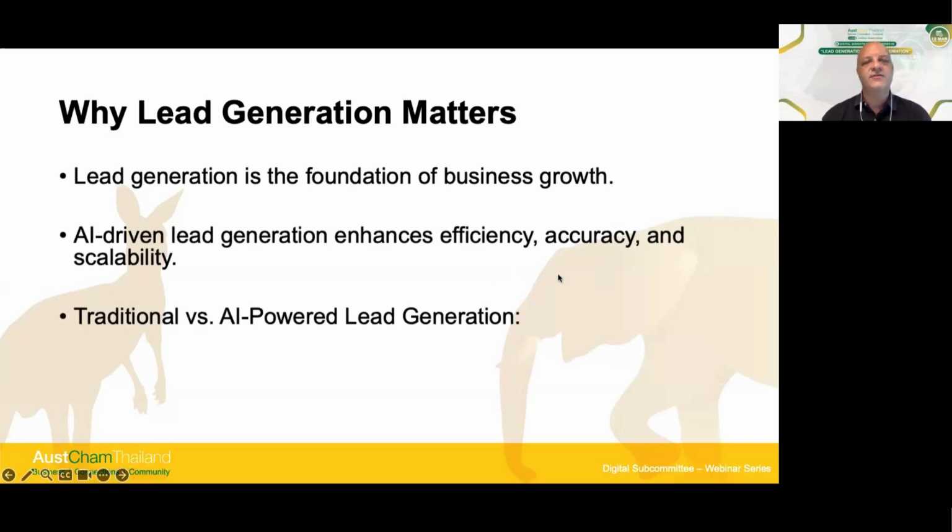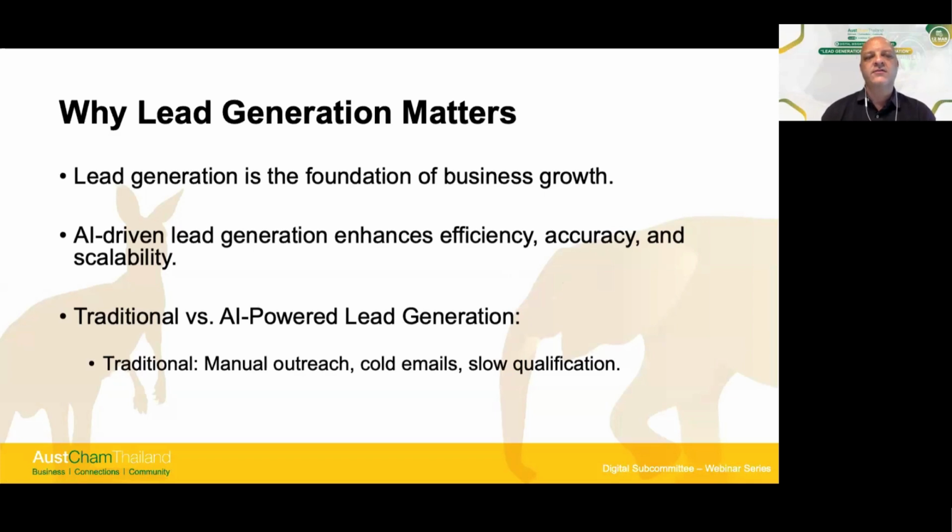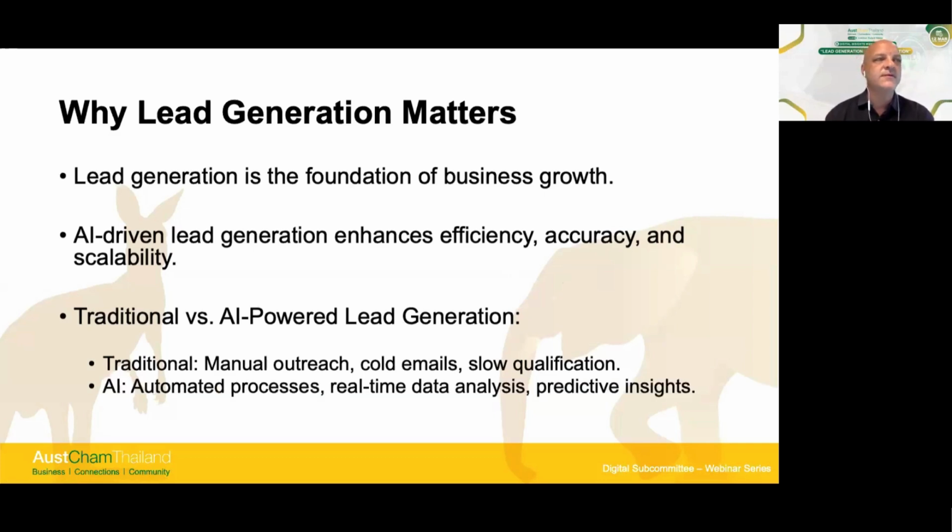If we look at traditional versus AI-powered lead generation, specifically about outreach: traditional is manual outreach, cold emails, slow qualification. With AI, we can automate a lot of the processes. We can look at real-time data analysis and also predictive insights.